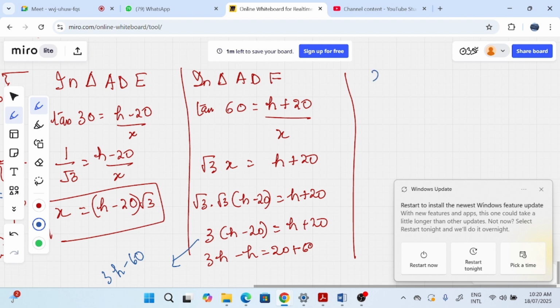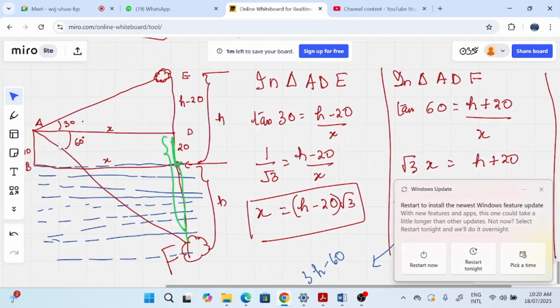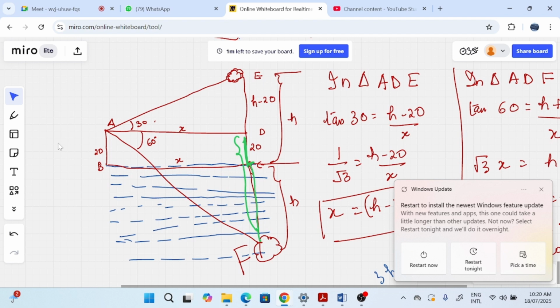Oh, yeah, right. So 2h equals 80 and h is equal to 40. Now you come back to your diagram. If the entire h is equal to 40, then ED equals 40 minus 20, which is 20.